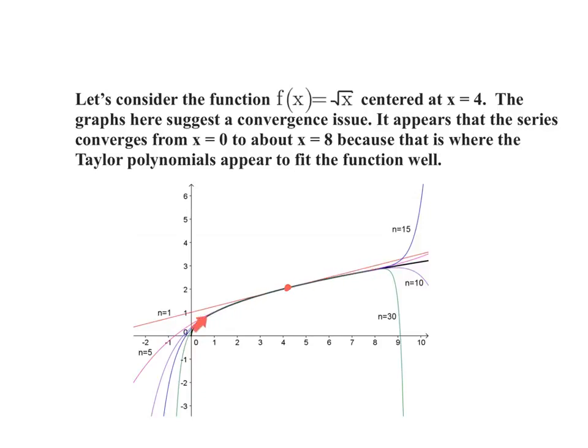Square root of x, we've got a different issue here though. These are different Taylor polynomials. The red one here is a first degree Taylor polynomial. This one is a fifth degree Taylor polynomial. The one over here, the purple one, this is a 10th degree Taylor polynomial.